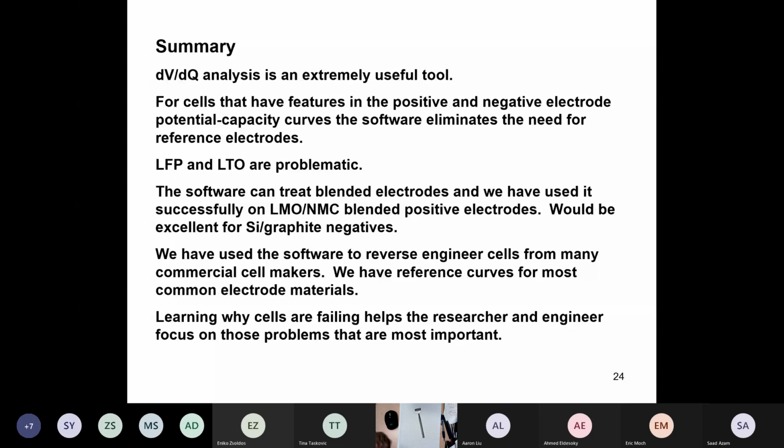Jeff? Yeah. If you have a cell that's balanced to 4.7 volts, but you're only cycling it to 4.2 or some relatively low voltage, wouldn't that introduce some errors in your fit, or no? No, it's no problem, because you're going to give it reference curves that might extend all the way to 4.7 for the positive, and the graphite might go all the way to stage 1.